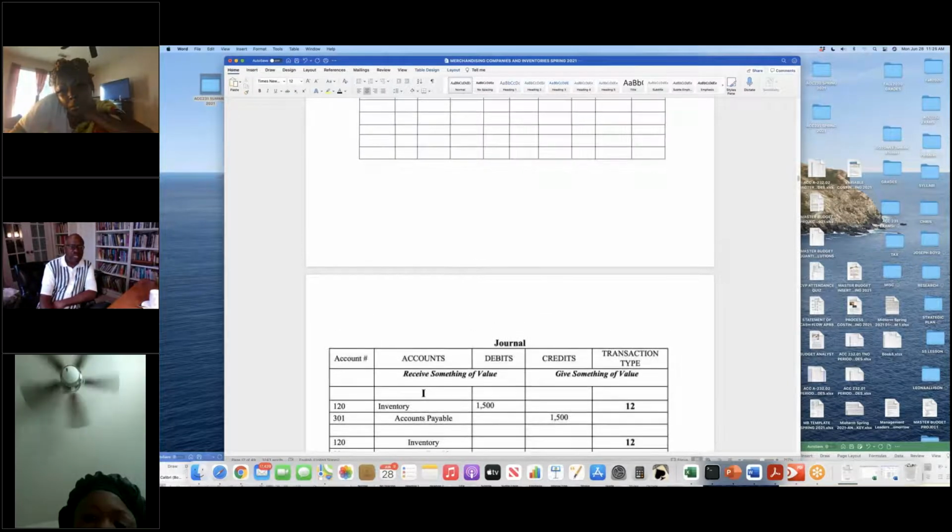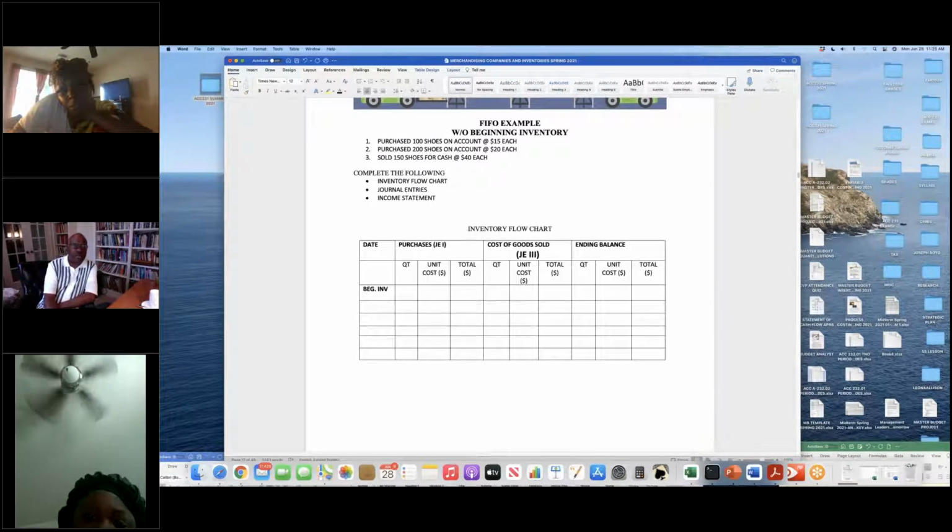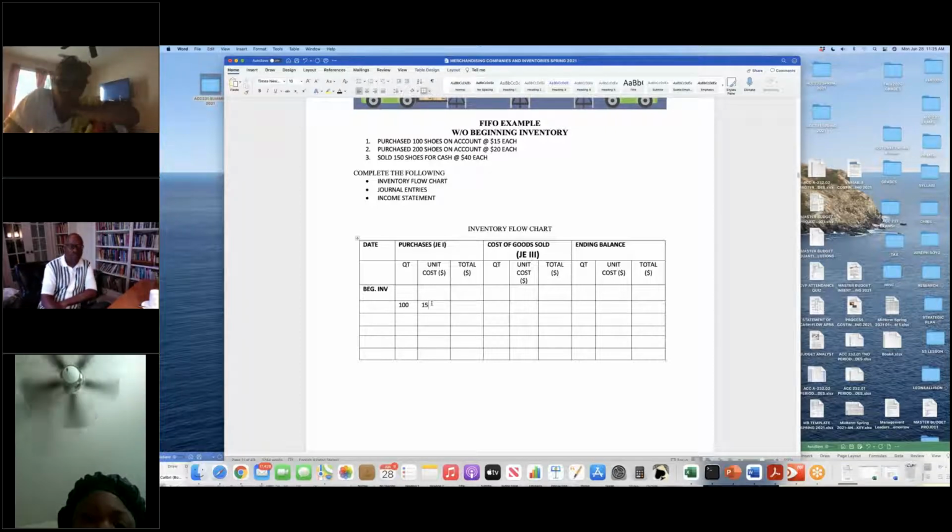And then we will come to our inventory flow chart. We don't have any beginning inventory, but we're going to put this first purchase in here. We bought 100. We bought them at 15. And so our total is 1,500.